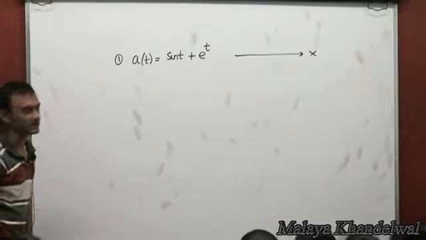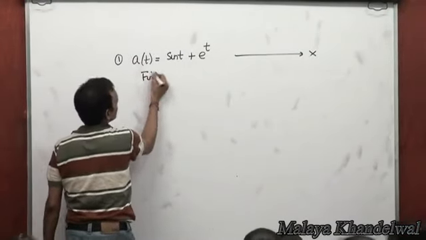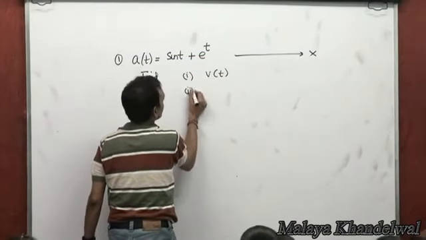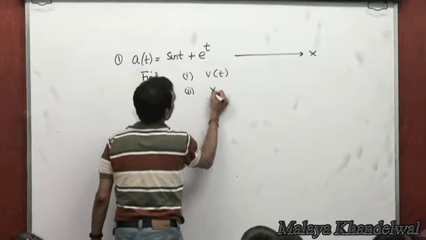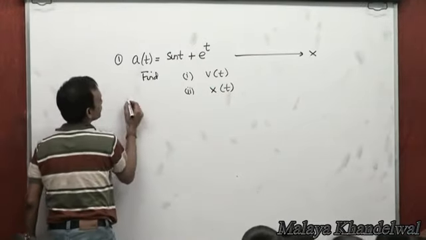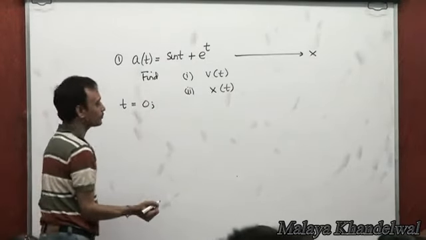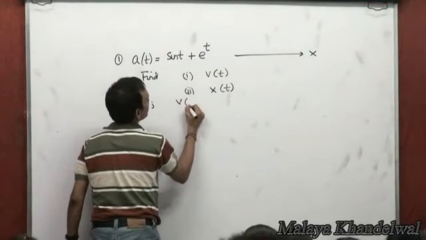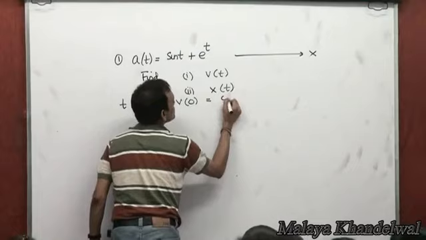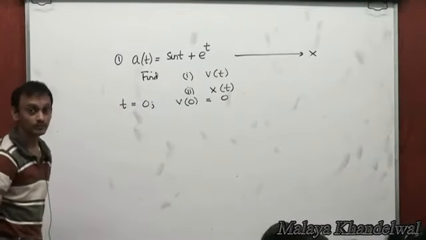Find velocity as a function of time and displacement x, or the x coordinate, as a function of time, given that at t equal to 0, the velocity of the particle was 0 meters per second.